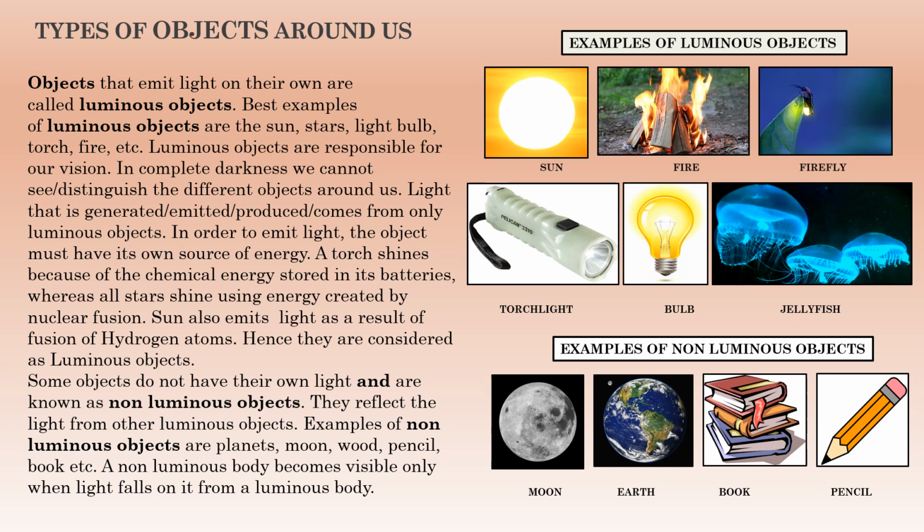Some examples of non-luminous objects are planets, moon, wood, pencil, book, etc. A non-luminous body becomes visible only when light falls on it from a luminous body.